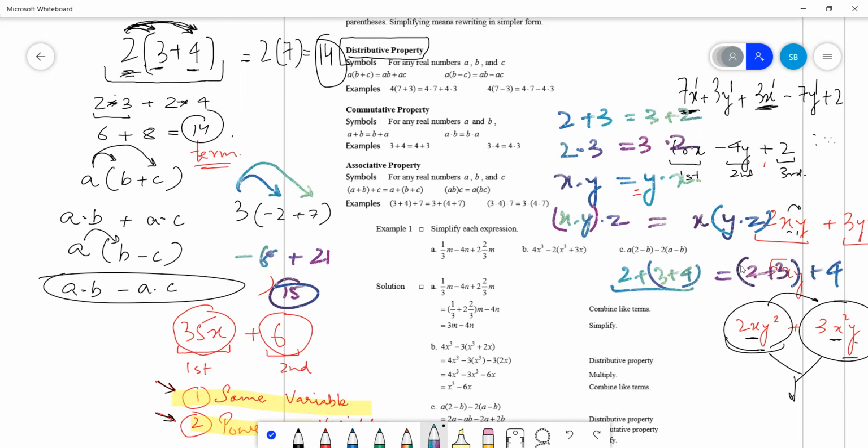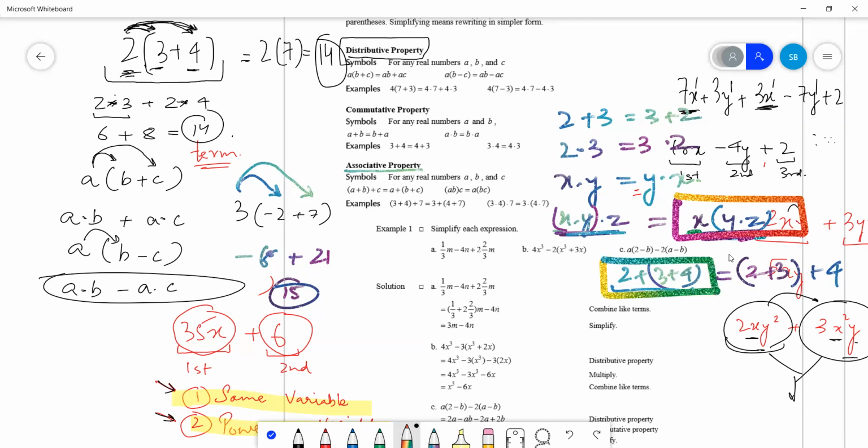So you are associating different numbers, and still you're getting the same answer. So when you get the same answer, you can say that they are following the associative property. There's no problem in them. So we are able to see that in multiplication, the associative property is followed. In addition, the associative property is followed.